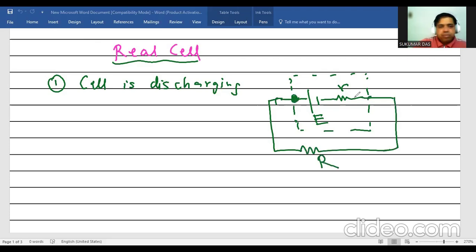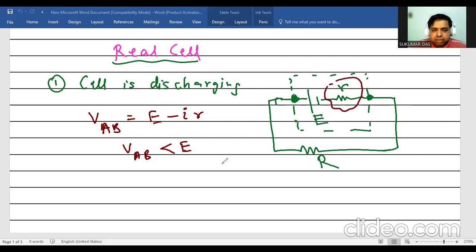Now, the potential difference between A and B will be represented as VAB is equal to E minus Ir. So we can see that the terminal potential difference will be less than the EMF of the cell. The reason is some potential drop is occurring at this internal resistance. And then we can calculate the circuit current by dividing E by R plus small r. This is the condition when the cell is discharging.